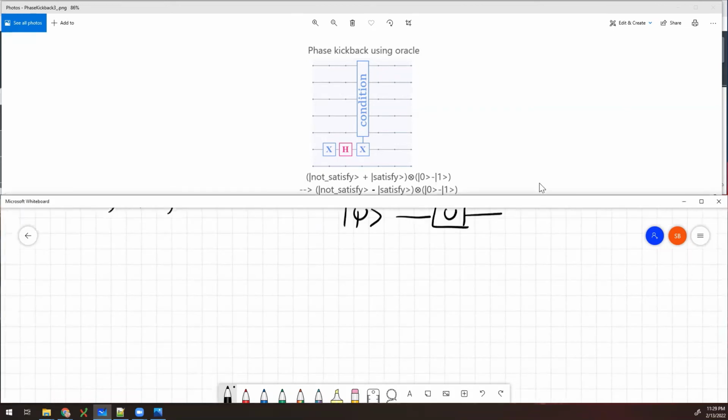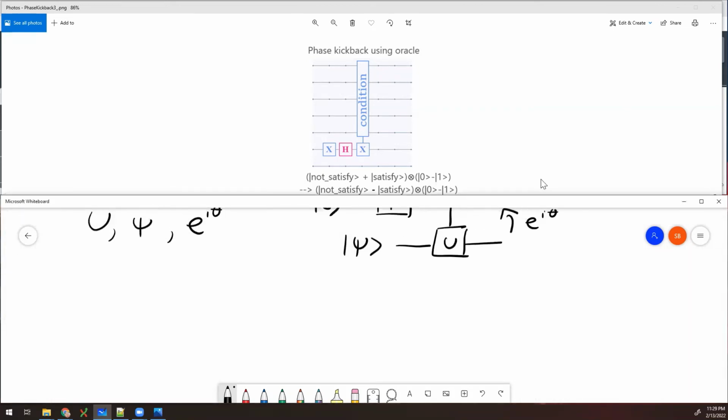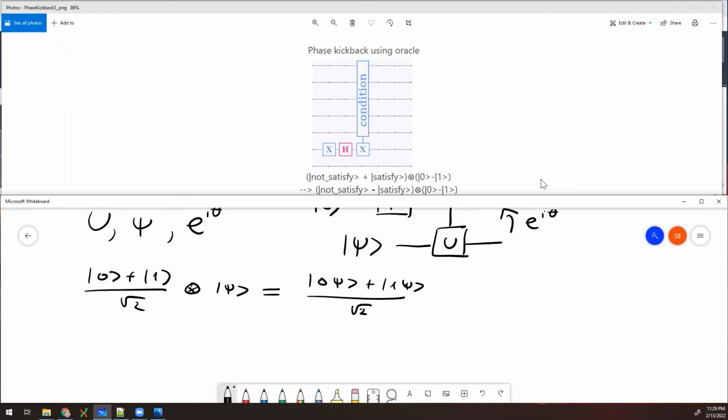Now let's see this in writing. We start in the plus state in the control, and with an eigenstate in the target. This is just 0 psi plus 1 psi over square root of 2. And now, whenever the control is in 1, we apply U to psi.